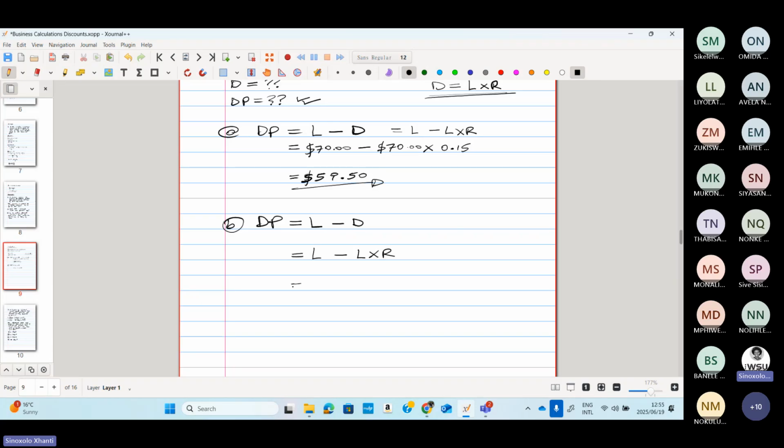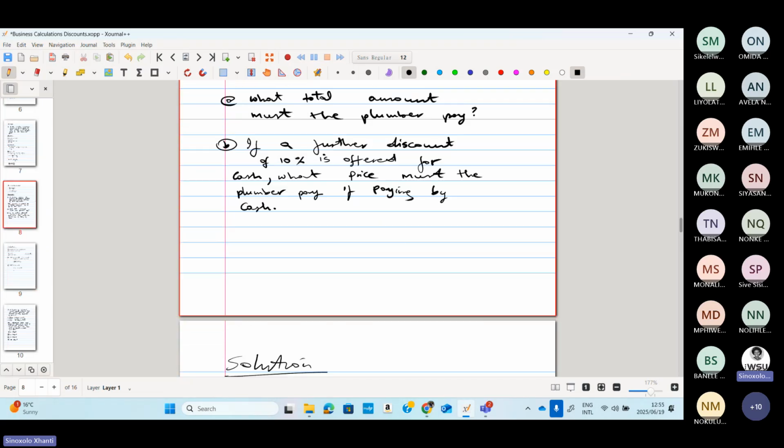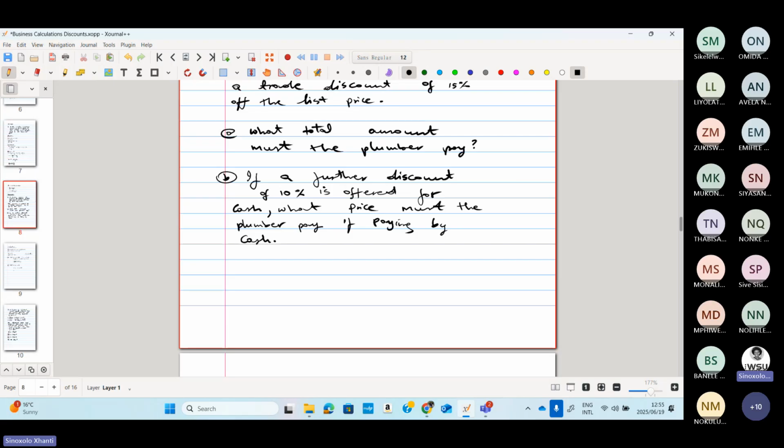And now the question is this: what is going to be the listing price in B? Remember that now we are also getting a discount. This is the second discount that we're having. So this listing price here is going to be the price that we were supposed to pay if this second discount is not applied. Let me say this again. A further discount, in other words, we have another discount.